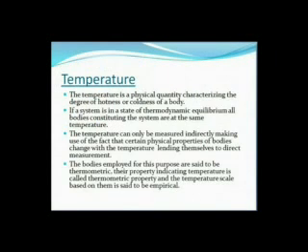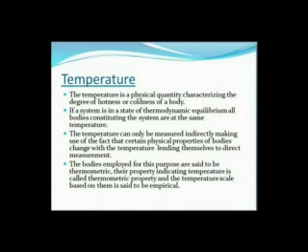Now let's see what is temperature. The temperature is a physical quantity characterizing the degree of hotness or coldness of a body. If a system is in a state of thermodynamic equilibrium, all bodies constituting the system are at the same temperature. The temperature can only be measured indirectly, making use of the fact that certain physical properties of bodies change with the temperature, lending themselves to direct measurement.